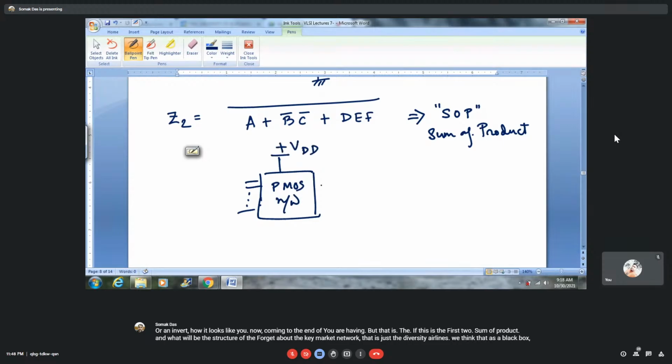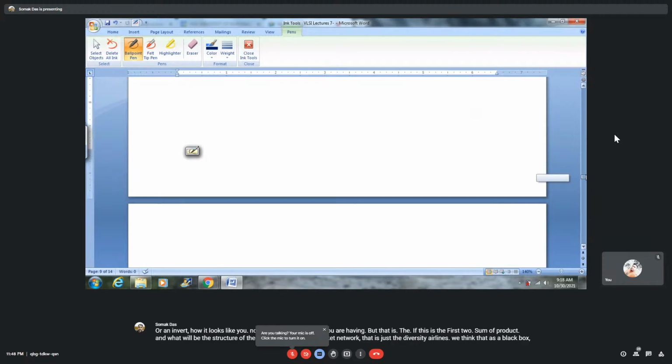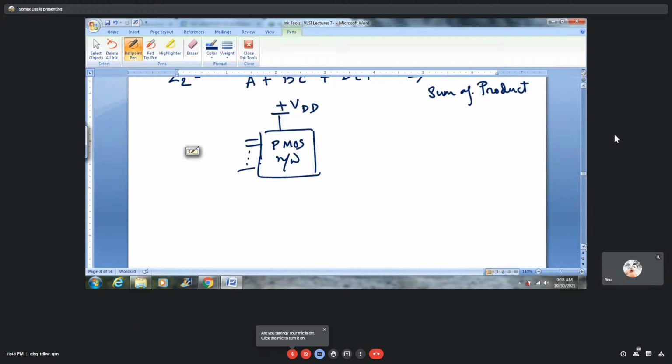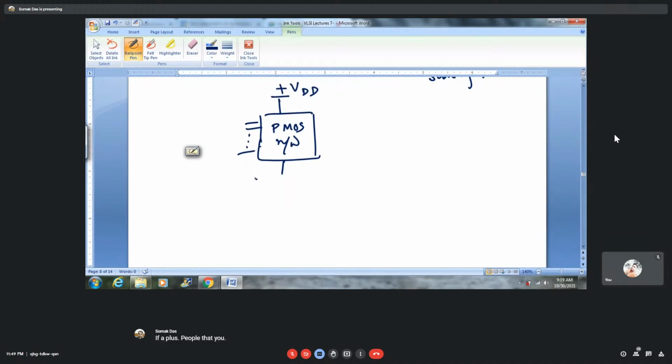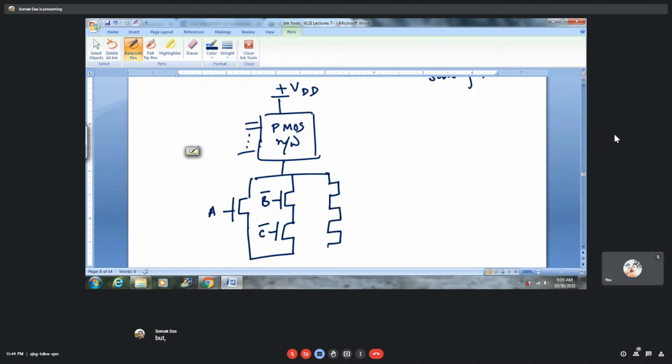Here, it is A plus BC plus DEF. So there are three parallel branches: A, then B and C, and then D, E, and F. Now you ground this and take the output from here.